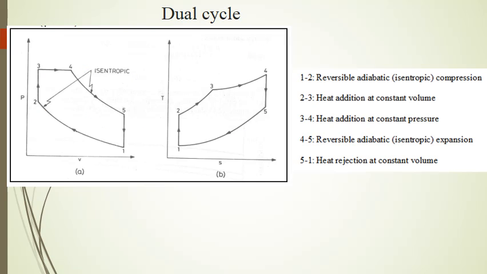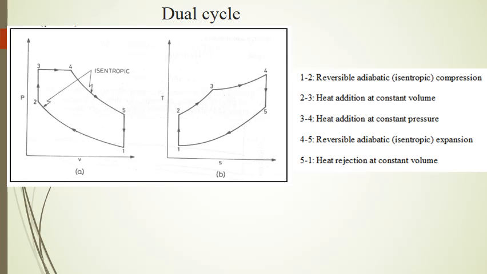This is the dual cycle on which high speed diesel engines operate. So the process 1 to 2 is reversible adiabatic, that is isentropic compression of the working substance. Then heat addition takes place at constant volume, followed by heat addition at constant pressure.